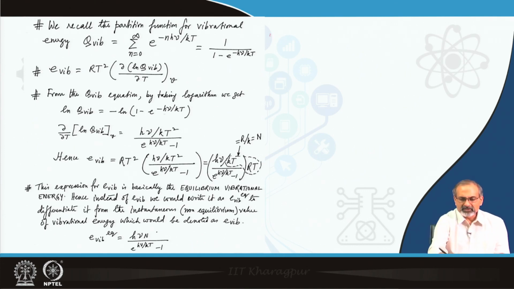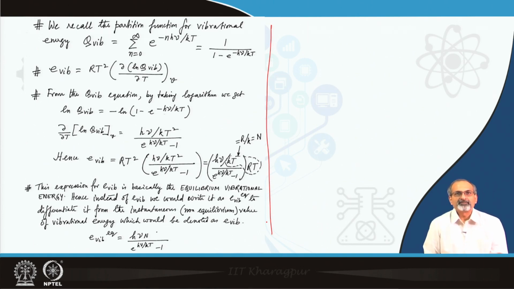And here we just recall something that we have visited earlier, that we had the partition function for vibrational energy, and then we had taken a partial derivative of that with respect to temperature at constant volume, and thereby we had come up with a form for the vibrational energy in terms of the derivative that we took of q, and a form like this was created.